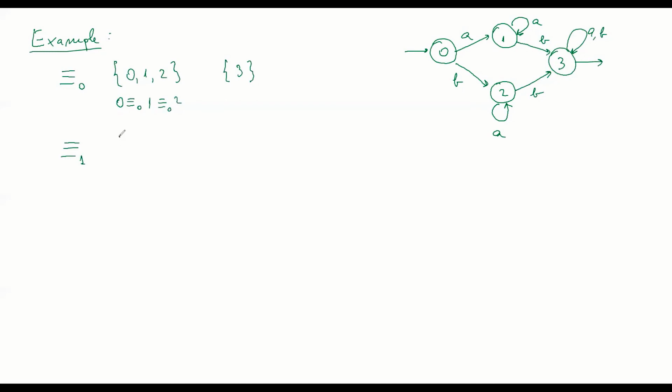And so this one will now have one equivalence class made of just 0, one equivalence class made of just 1, 2, and one equivalence class made of just 3. And the reason I have this is because if I start a computation from 0, I'm allowed to have one letter, right? And so I will take, say, letter B, for example.